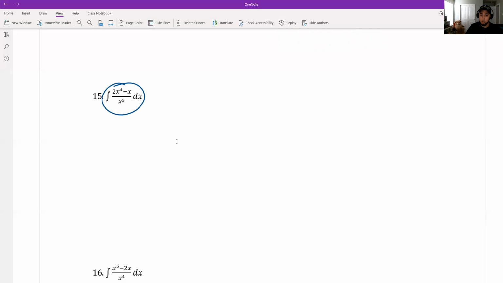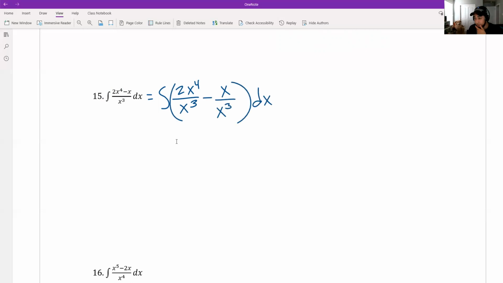What we do notice is that these 2 terms are over the same denominator, which means split them into 2 fractions. So you'll get the integral of 2x to the 4th over x cubed minus x over x cubed dx. Now simplify.